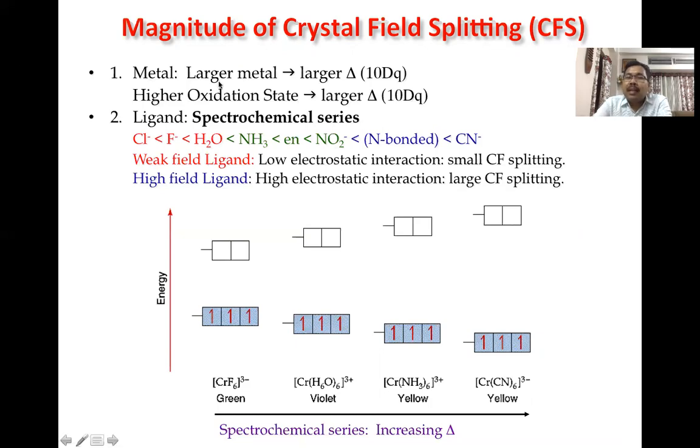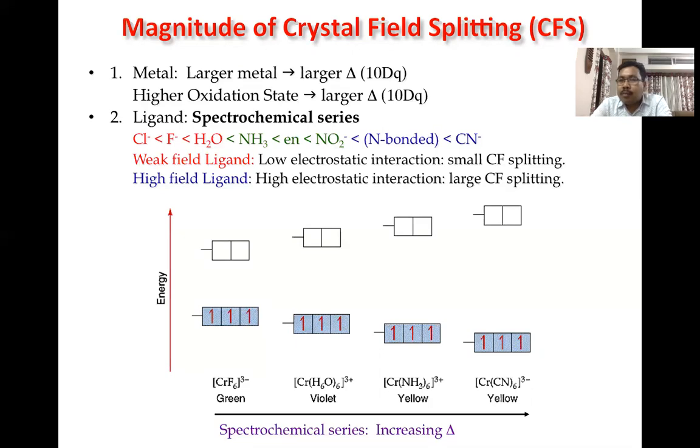A larger metal ion gives a larger delta value, which means larger crystal field splitting.